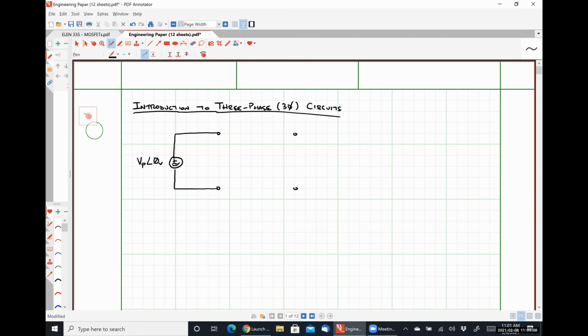Over here on the right hand side, we might have some load impedance ZL, and connecting our source to our load are transmission lines.